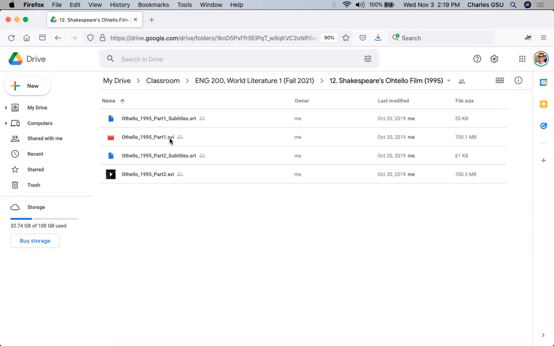2 are AVI files, part 1 and part 2. AVI stands for audio visual input, so they're video files. And you can see here there are 2 matching subtitle files. That's what the .srt stands for, subtitle file.